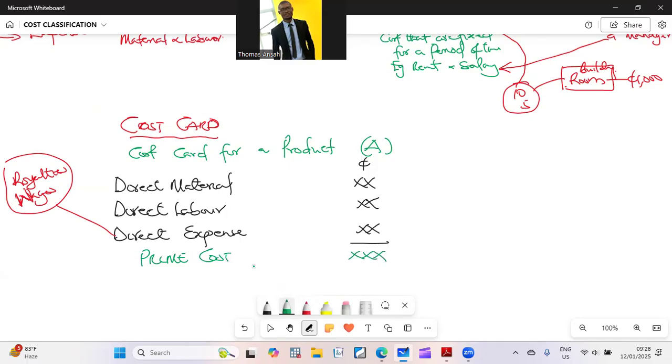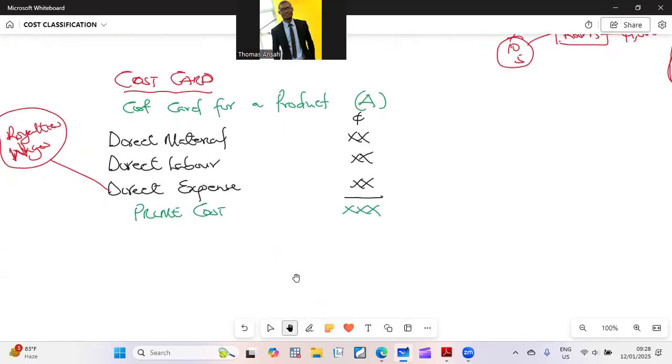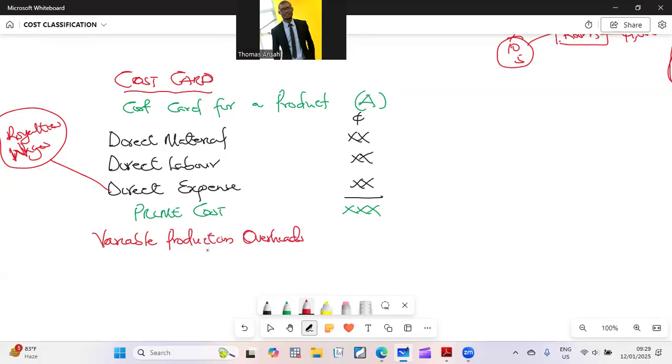Prime cost. So you have your prime cost. Now, when you have your prime cost, you now need to add your variable cost. So you add your variable production overheads. These are not direct, but they are also part of production. Overheads are indirect, but they are also part of production. So you add them.